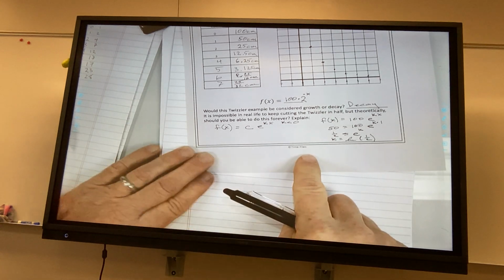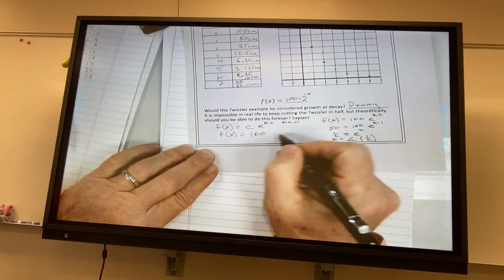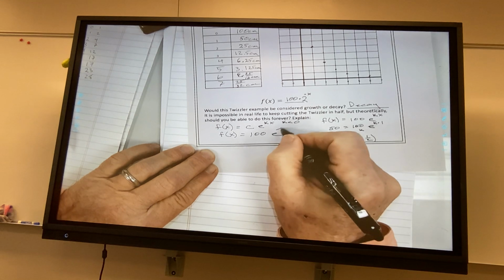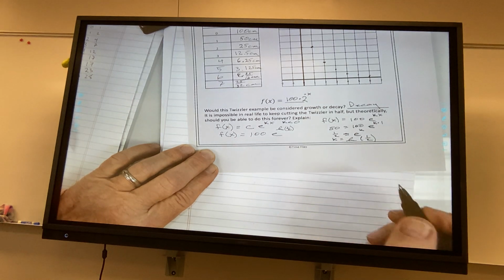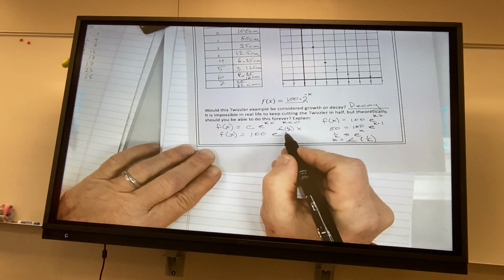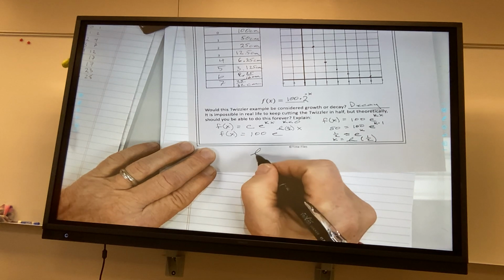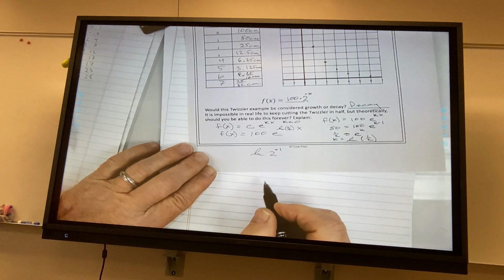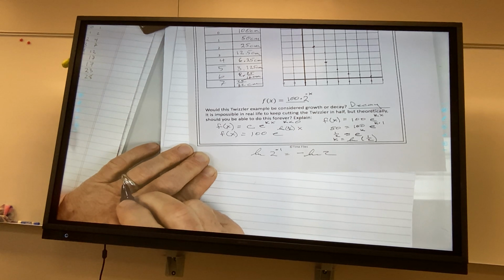So this is the same as f of x equals 100 e to the ln of 1/2 times x. Well, this has got to be negative. Isn't this the same as this? Am I right? So isn't this the negative ln of 2? Am I right on that? Yeah.